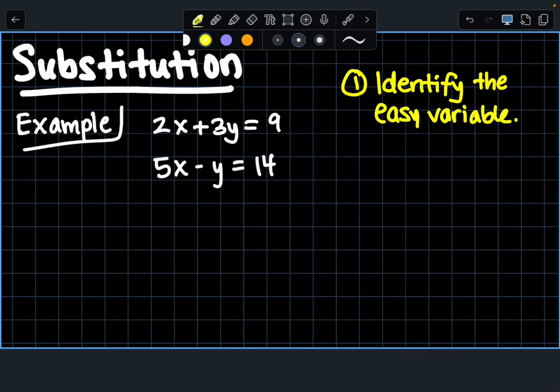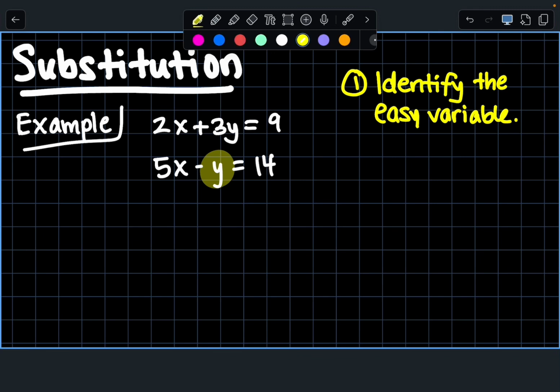Whereas if I want to solve for y, it's still 2 steps, but I'm not dividing by a bunch of numbers. I'm just getting rid of that 5x, and then it's the negative that I need to move. So in this case, our easy variable will be the y here in 5x minus y equals 14. So I'm just going to highlight that just so I know that I'm looking at an easy variable there.